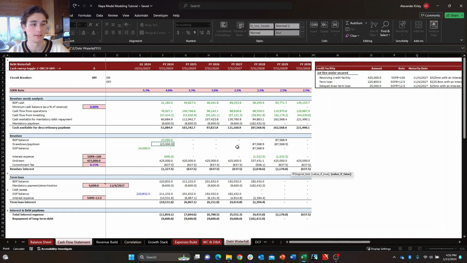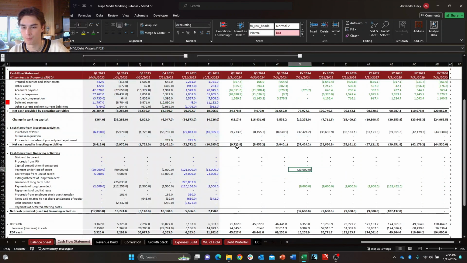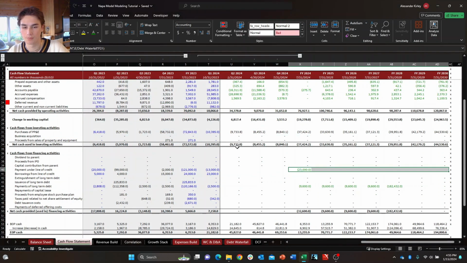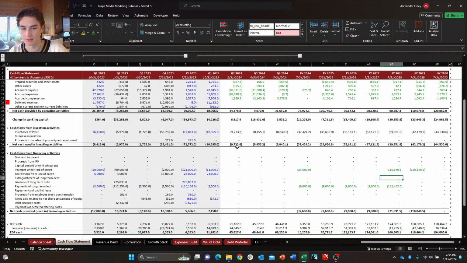So we are paying it down, therefore it is a negative balance. Command right, and there we have it.